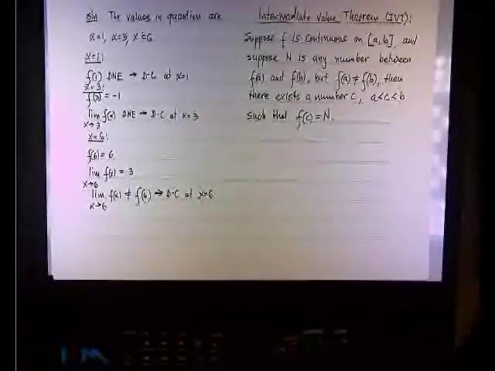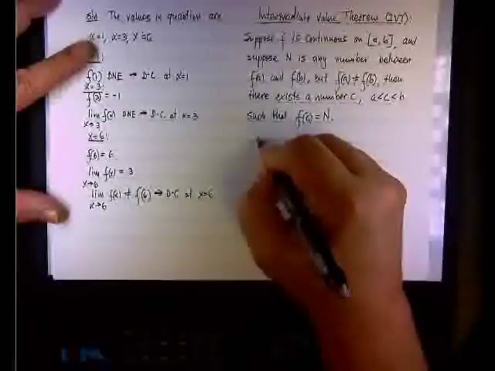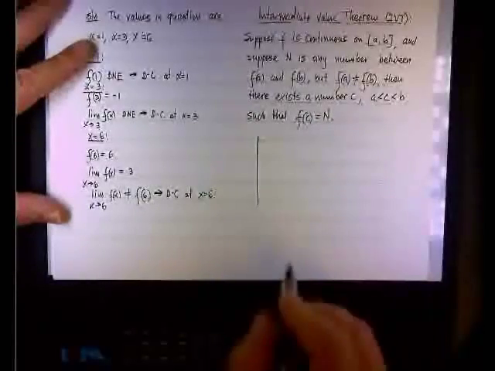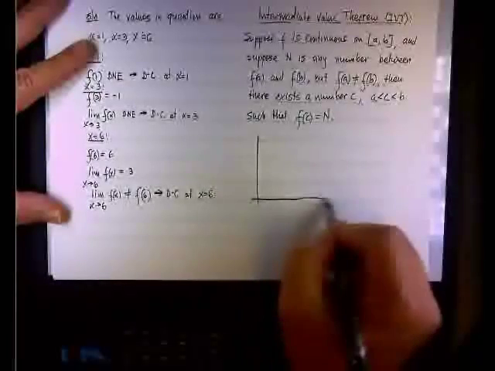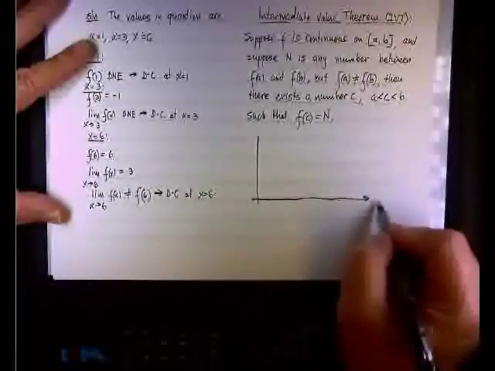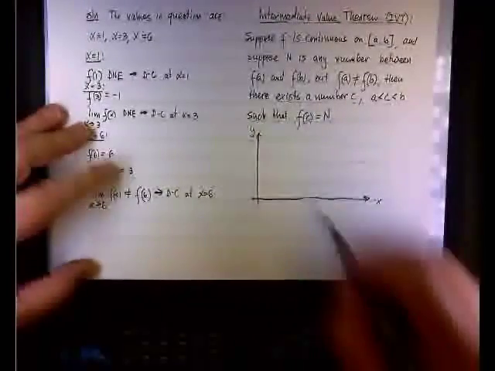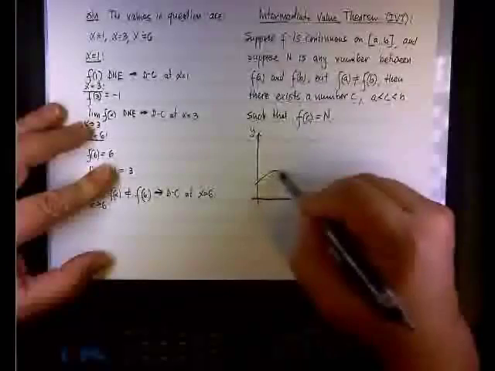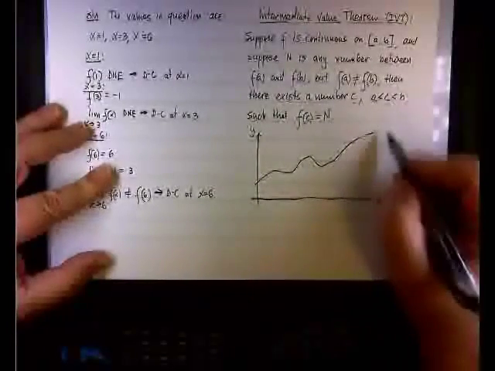Let's demonstrate this theorem graphically. We are not going to prove the theorem, but we're going to use its property. So here's some x and y coordinate system, and there is a function, a meandering function, like so.